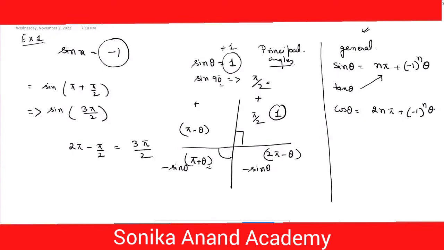Clear? Now it is given in one line in your textbook, x is equal to 3 pi by 2. Now you understand from where it comes. Please note this in your notebook.